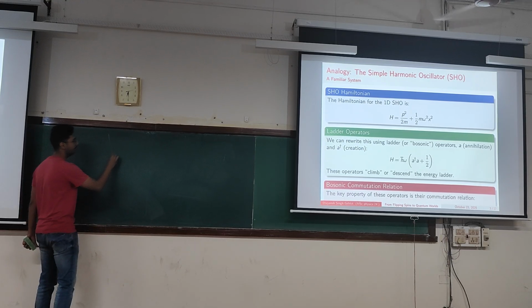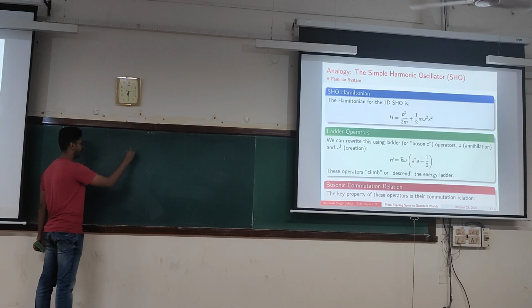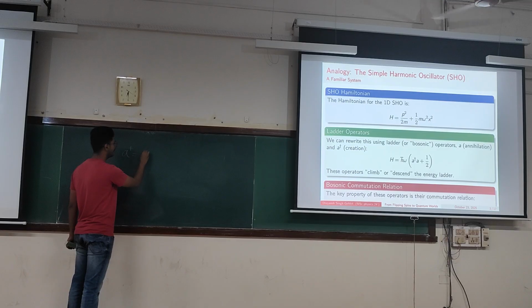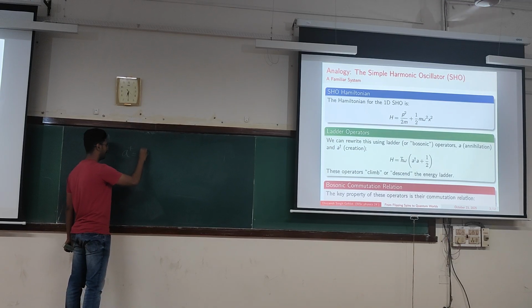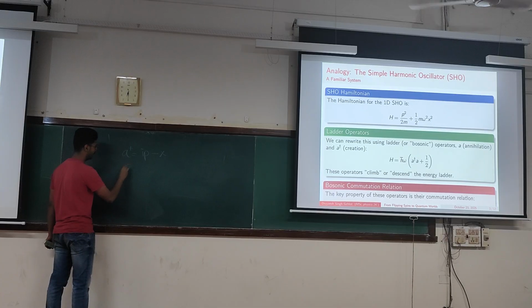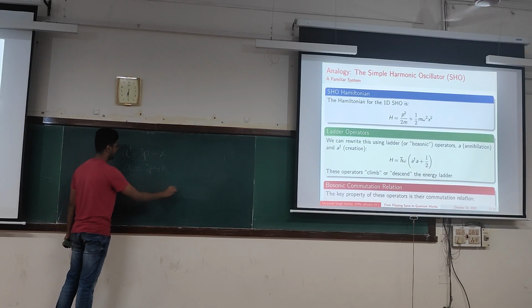I will define something: A dagger as ip minus x and A as ip plus x.